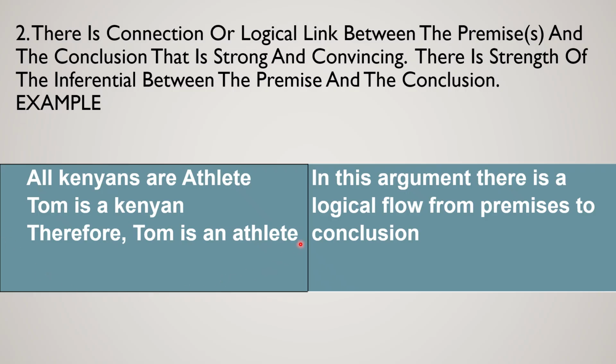Remember, the argument here is not about coming up with your own conclusions; we are getting the conclusion from the premises that we give. You cannot come here and deny that Tom is an athlete because not all Kenyans are ideally athletes, since we are getting our conclusion from the premises that are here. That is why we say there is a logical flow from the premise to the conclusion so that you can make an inference.